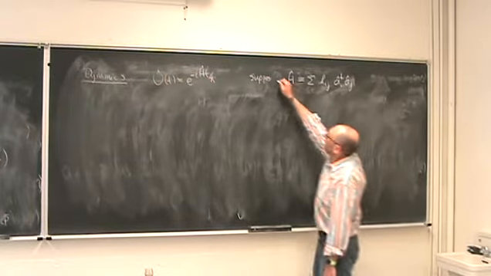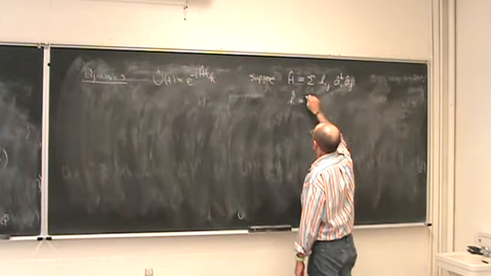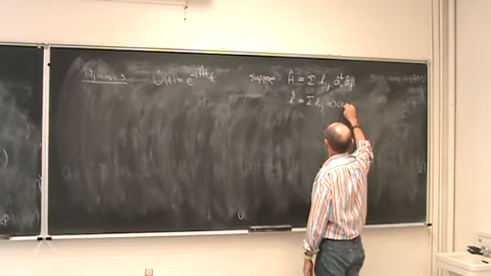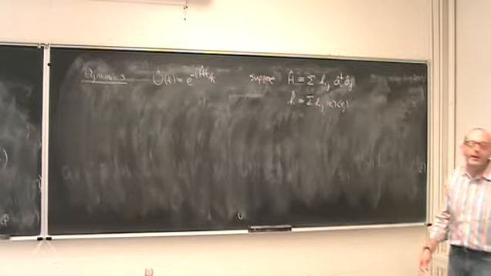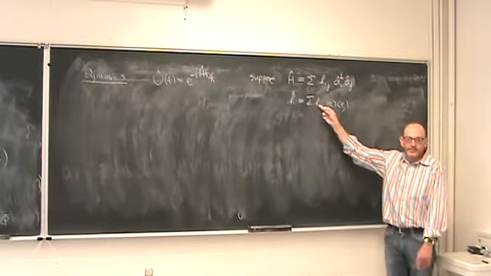So I have H, that's my single body Hamiltonian. I'm not saying this is necessarily in the basis of energy eigenstates. It's just got some matrix, right?